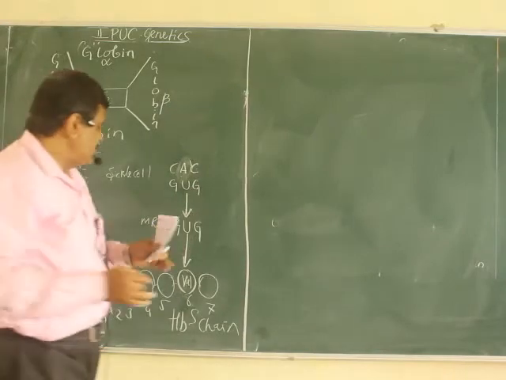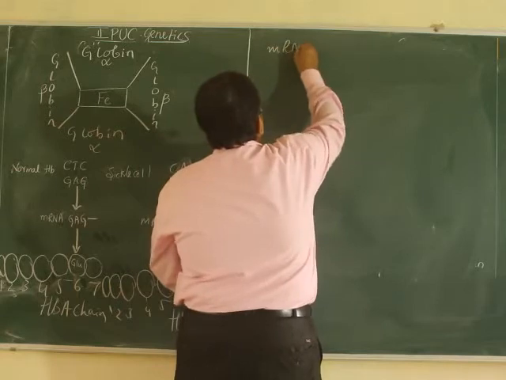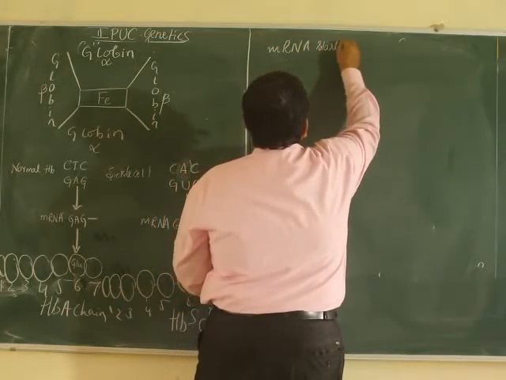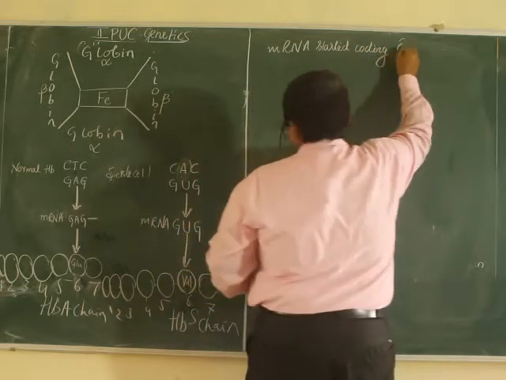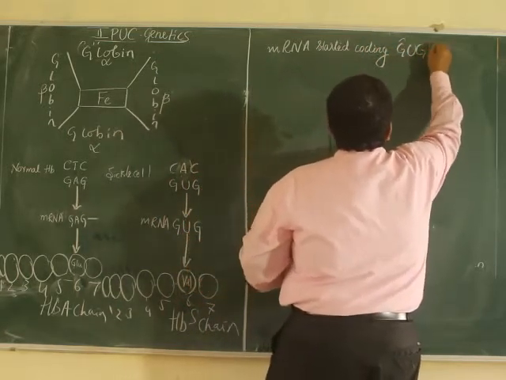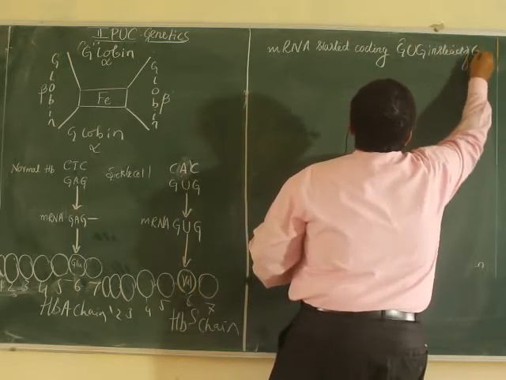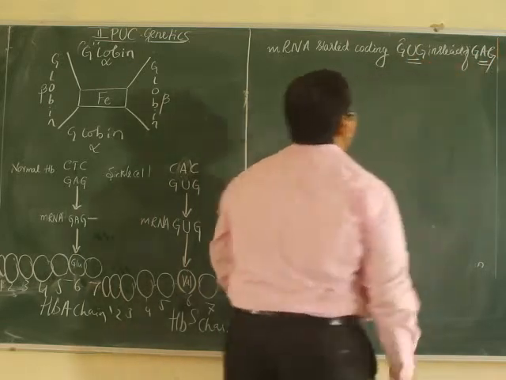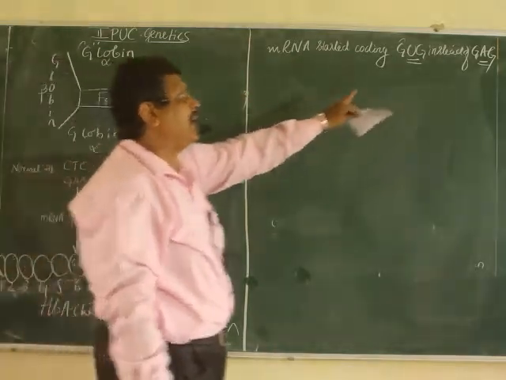Now the mRNA has started coding GUG instead of GAG. So the mutation occurred at one particular point on the template strand, not in the mRNA.